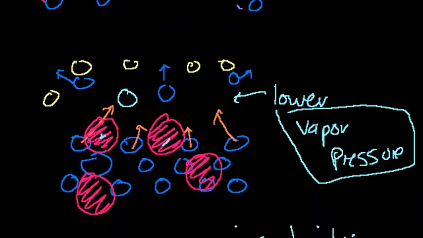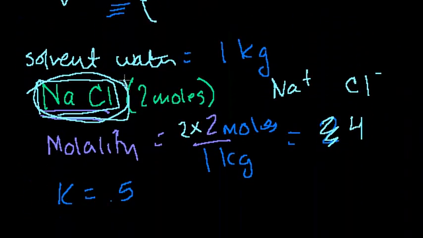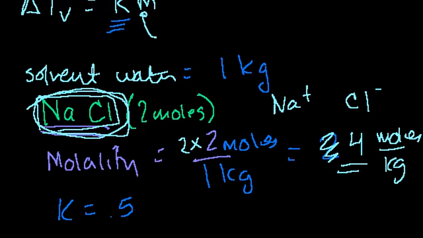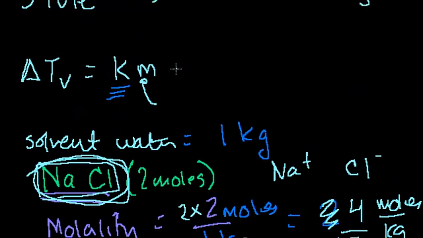So in my example, when I start with a mole of this and dissolve it in water, I end up with 4 moles per kilogram of molality, because this turns into 2 particles. So given that the molality is 4, I use the constant I just got from Purdue, and the change in temperature is equal to that constant, 0.5, times 4, which is equal to 2 degrees.